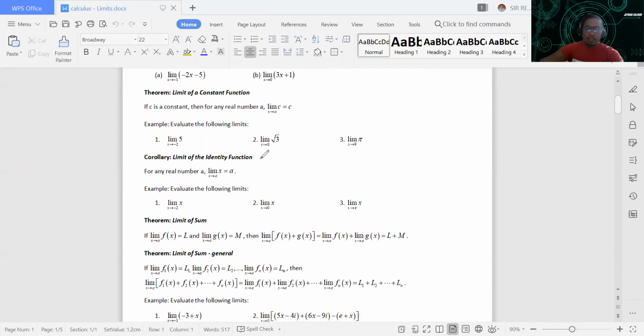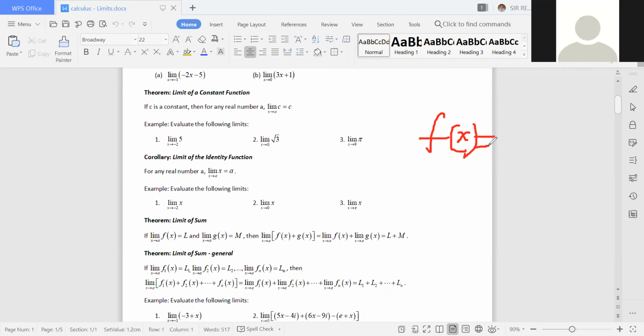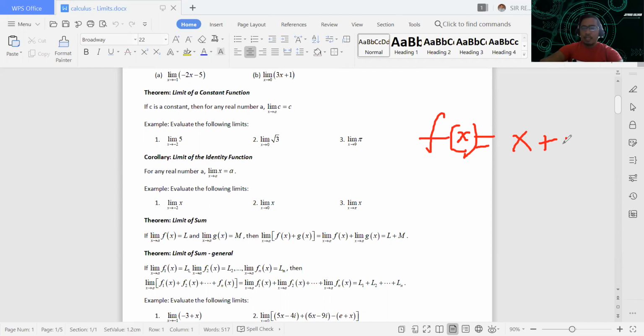Somehow like f of x equals 1 times x plus 0. This is a linear function wherein your b is 1 and your c is 0, right? You just substitute a here, so automatically your answer is a. Or to make it easy, if you have an identity function, you just get the answer of your fixed point. Clear? The fixed point.